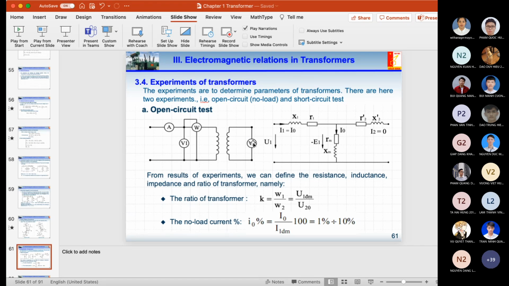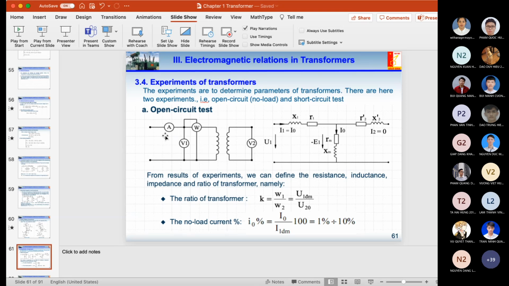For example, if this transformer is a step-down transformer, the input may be 6 kilovolt or even 380 volt, and the output is 220 volt. As the first step, this is the open circuit test, which means that the output here is not connected to the load. You know this concept well already.